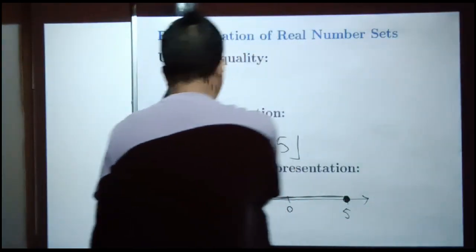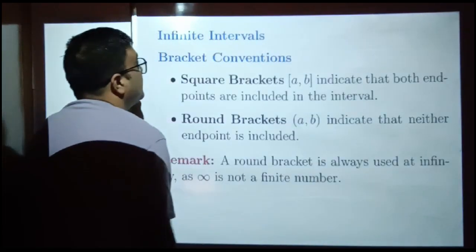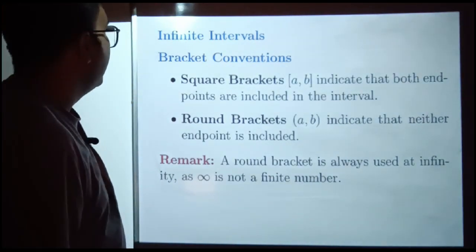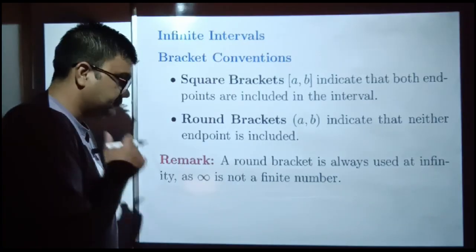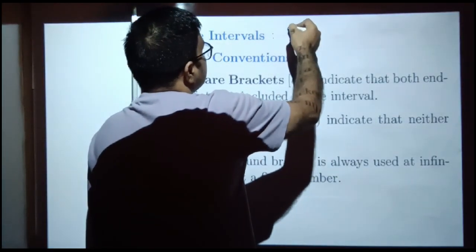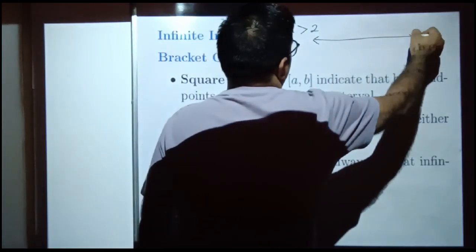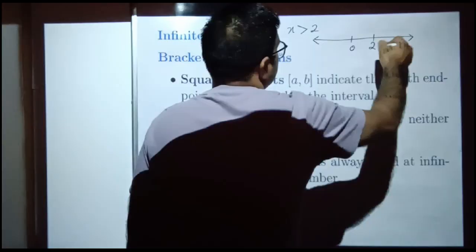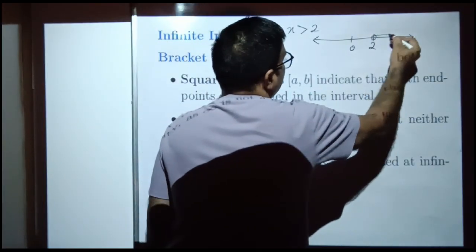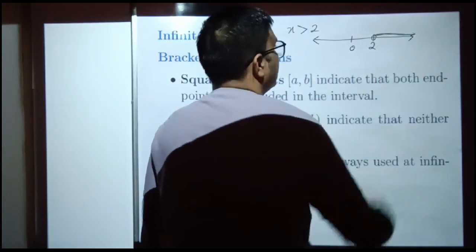So this is one case we have discussed. Next, infinite intervals. When we are talking about the case x is greater than 2, this is 0, this is 2, greater than means this point is not included, and we are talking about all the numbers greater than 2.